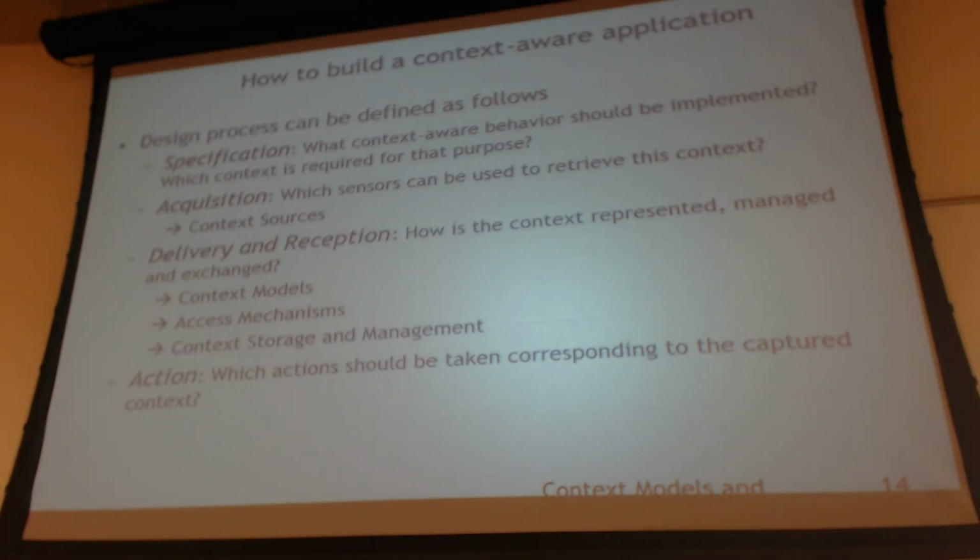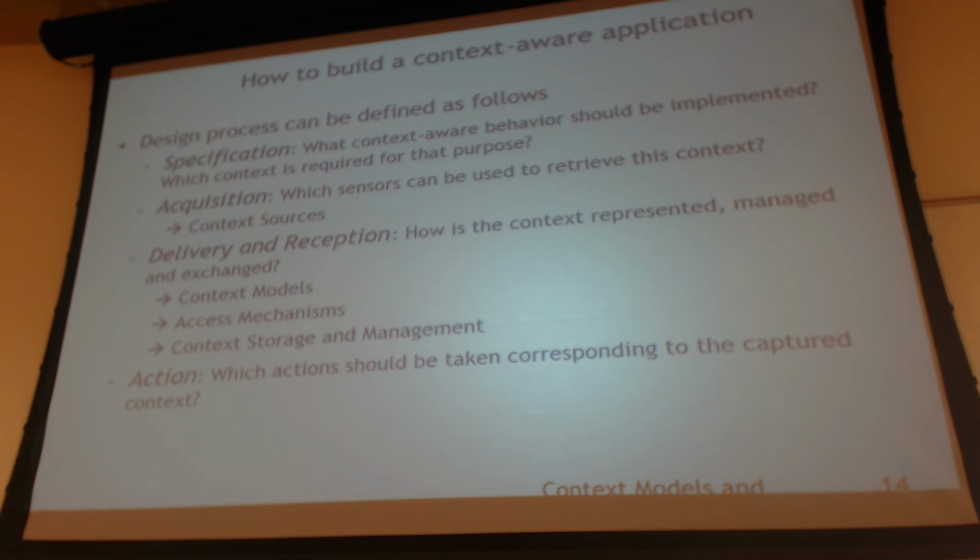Another important factor of storing this context information is that you can use the stored context information in another type of model. It's the prediction. Based on context history, it predicts the future context. So then the question is, how much of a history do you need to store?